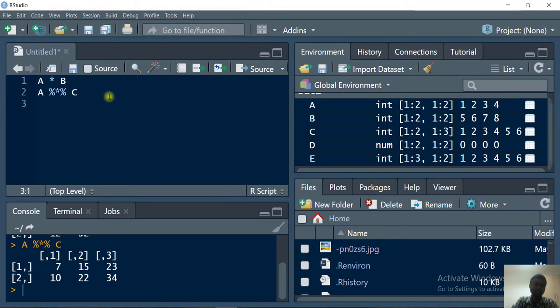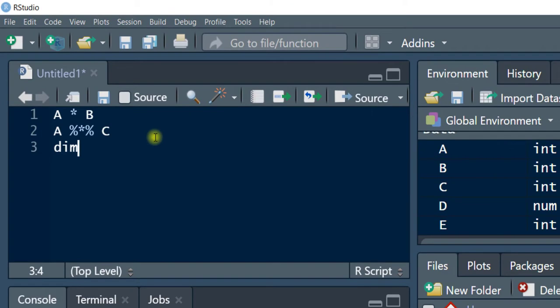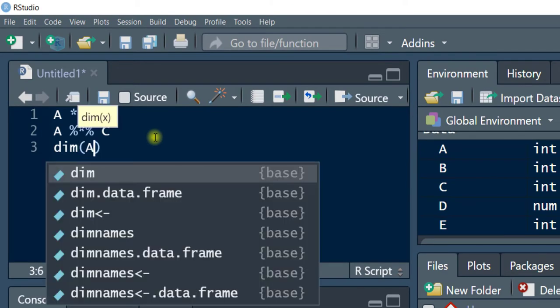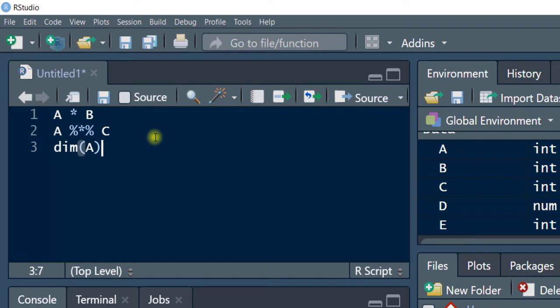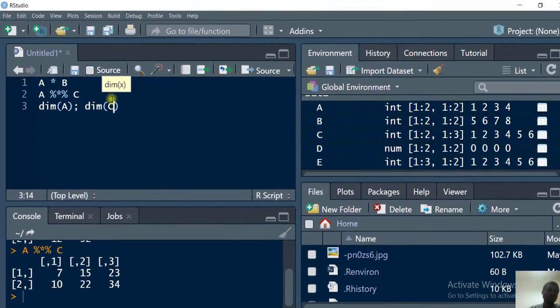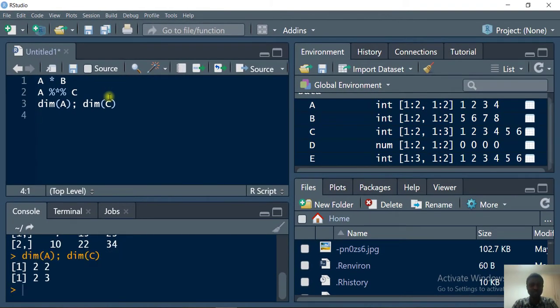10, and 22. So having done this, we spoke about dimension to explain the condition, and I said dimension of A, and then semicolon. I can go ahead and say dimension of C, and so I can run both, and you could see the dimension for A is 2 by 2, 2 by 3 for C, and you could see the condition: the column for the first is 2, and the row for the other one is 2 also.